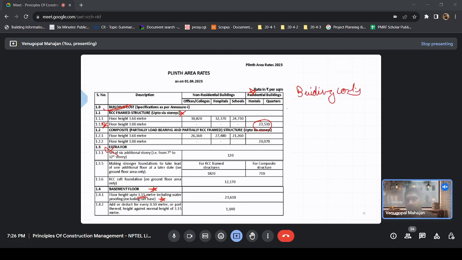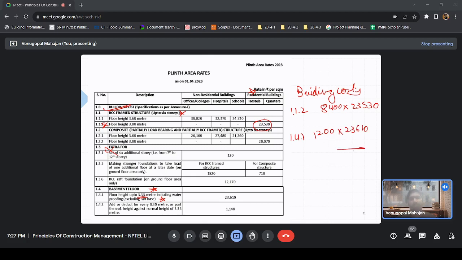Building cost 1.1.2, that would be 8400 into 23530, and 1.4.1, the basement floor. You don't need to multiply it for every floor, right? Only for the ground floor. 23610.